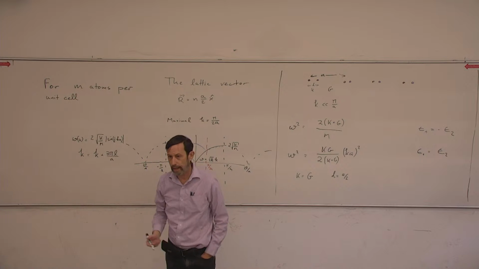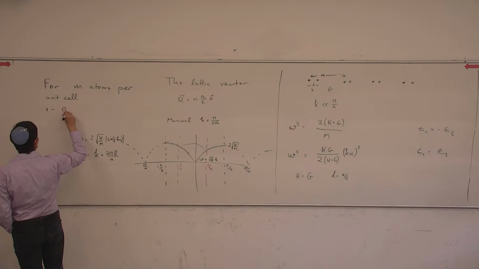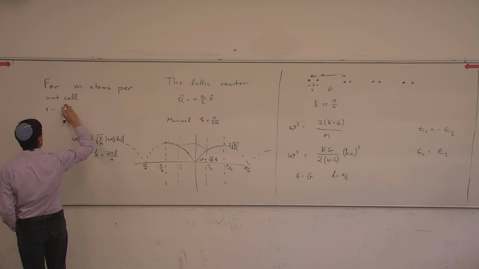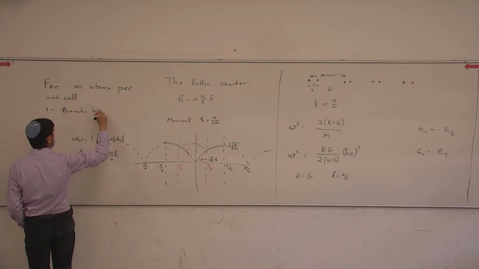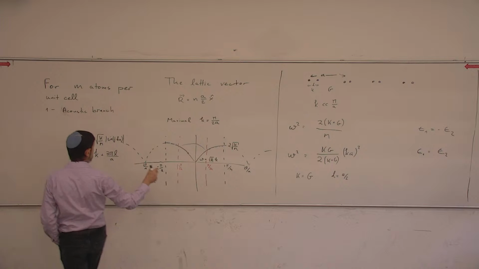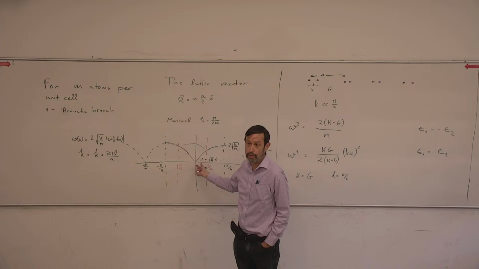Okay, so we'll always have one acoustic branch. Why? Because the segment around 0 will always start with linear behavior.